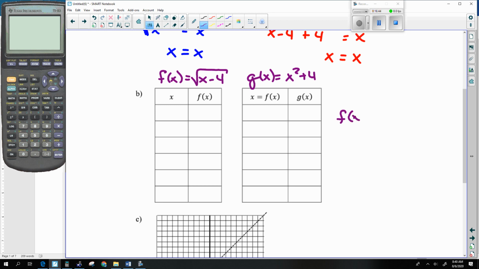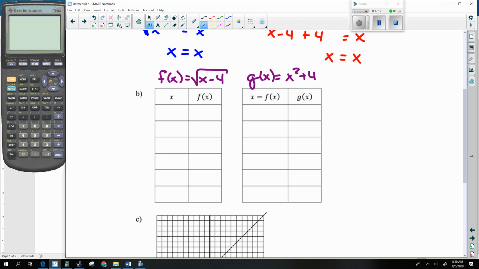Just looking at the graph of the f of x, I see that it's going to be shifted over 4, and it does something like that. So the smallest x can be is 4 to make this work, because the second equation is also saying that x has to be greater than or equal to 0. So if I even did make x equal to 0, it's going to be 4. So the smallest it can be is 4.